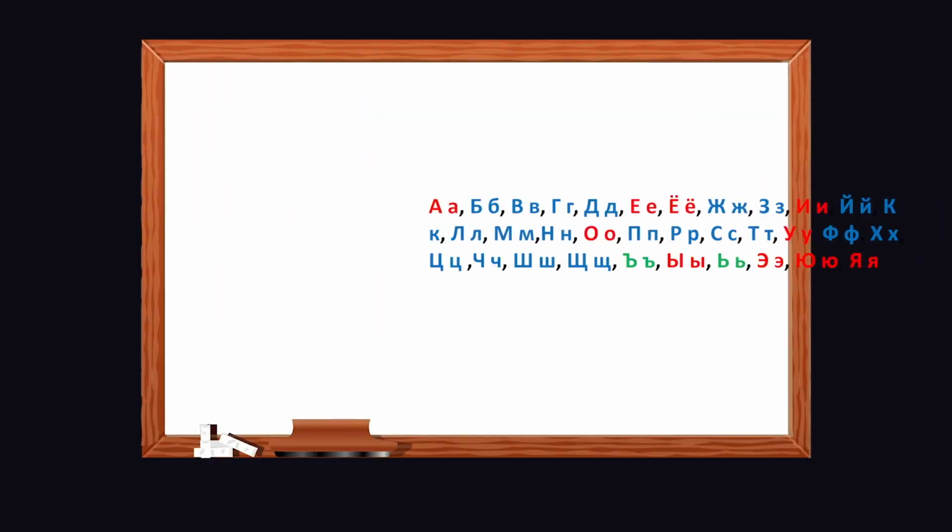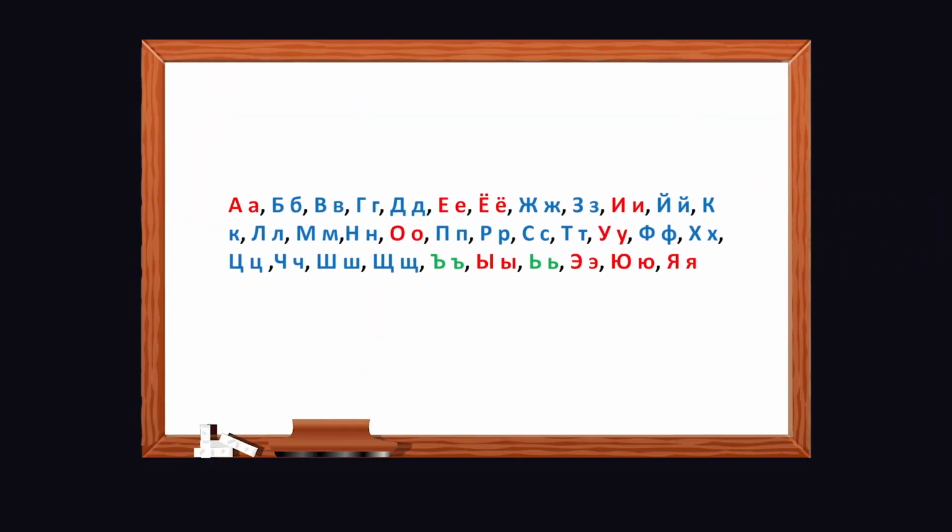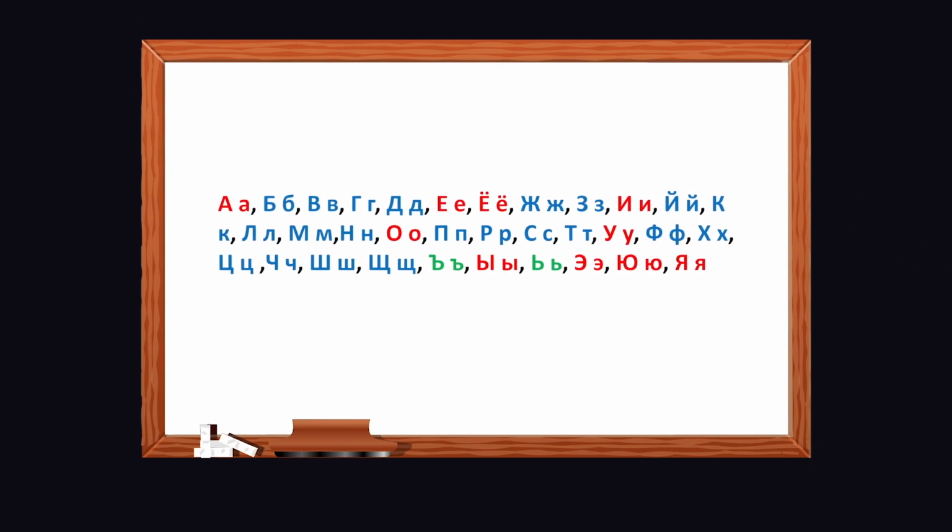Now, as we are going to discuss the vowels, consonants and signs in this module, I would like to draw your attention to all these letters together, as you can see them.